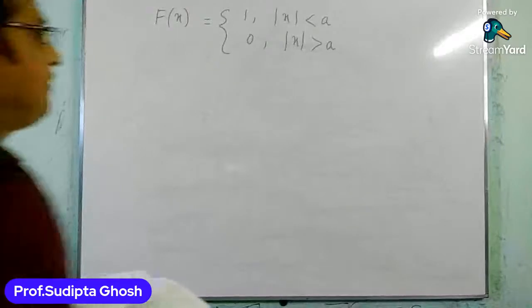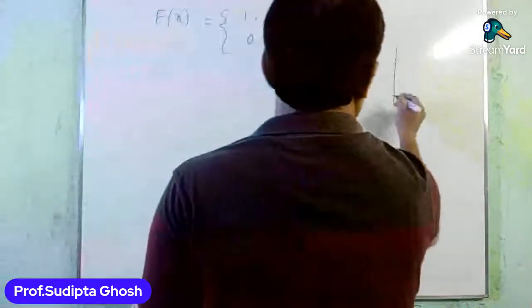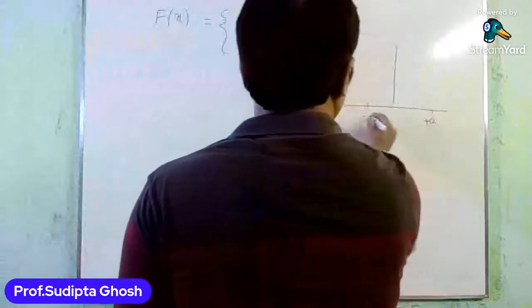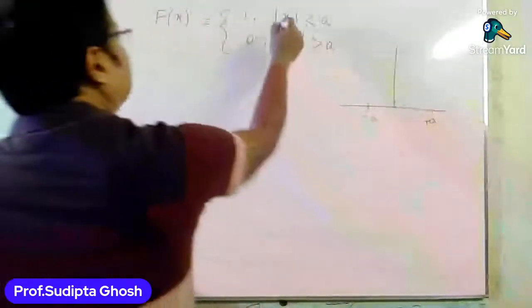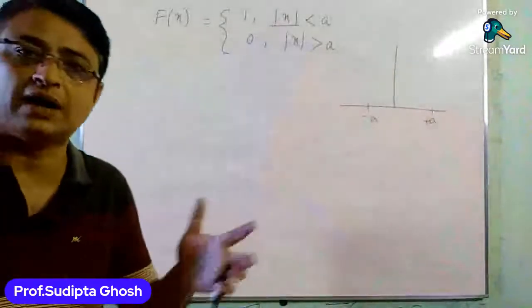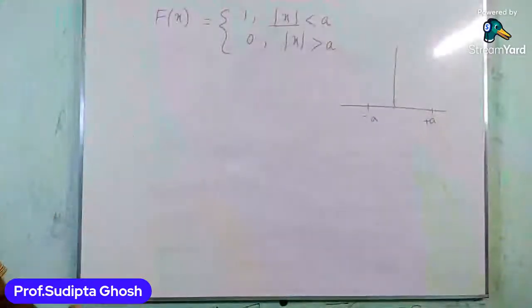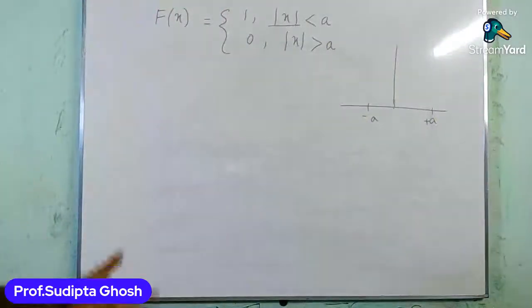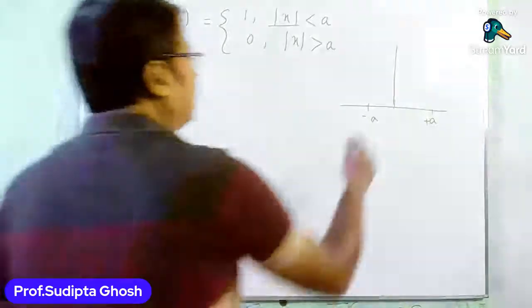Again, as the function tells us, this is plus a and this is minus a, and mod of x less than a means the range from minus a to plus a.